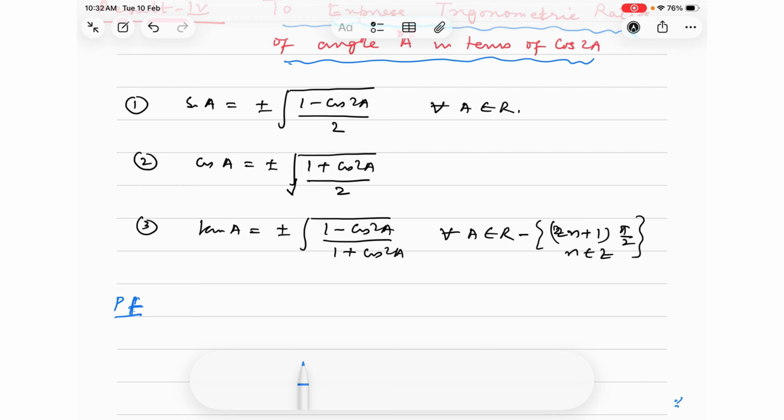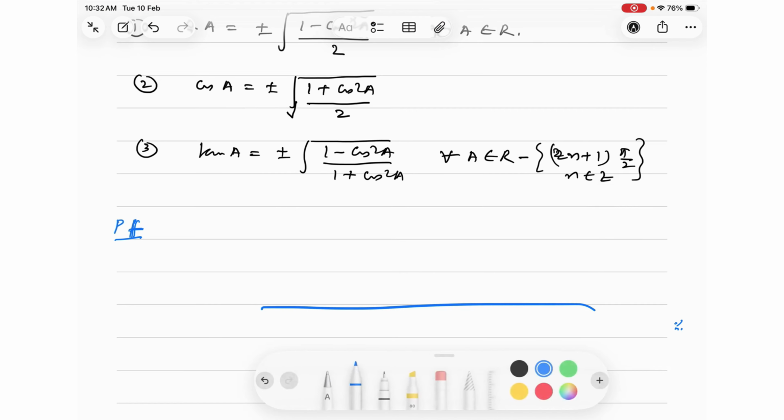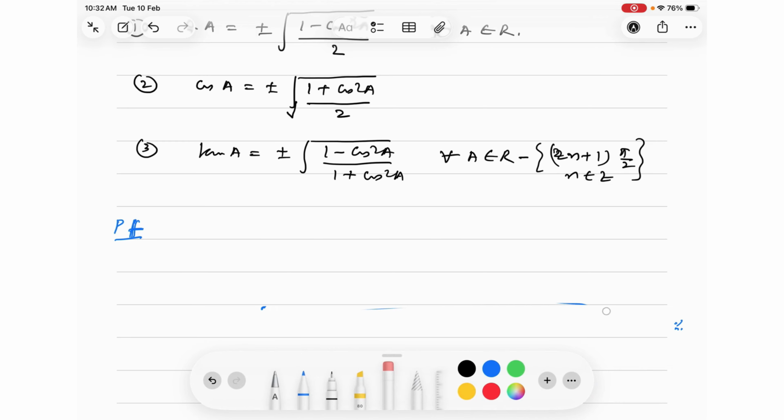Similarly, we can prove cos A is equal to plus or minus root of (1 plus cos 2A) by 2, and tan A is equal to plus or minus root of (1 minus cos 2A) by (1 plus cos 2A). So let us try to prove the first result here.